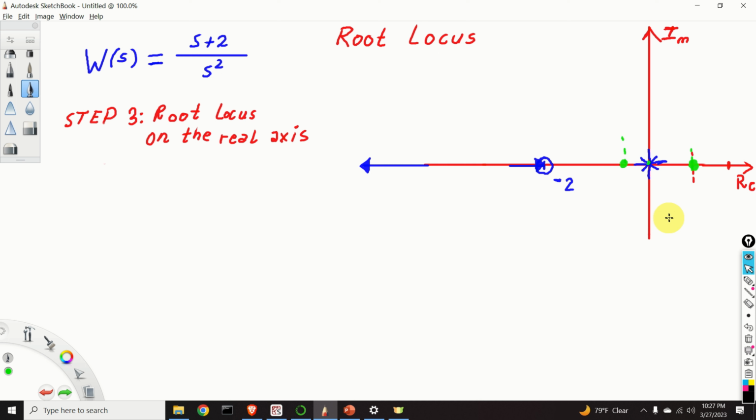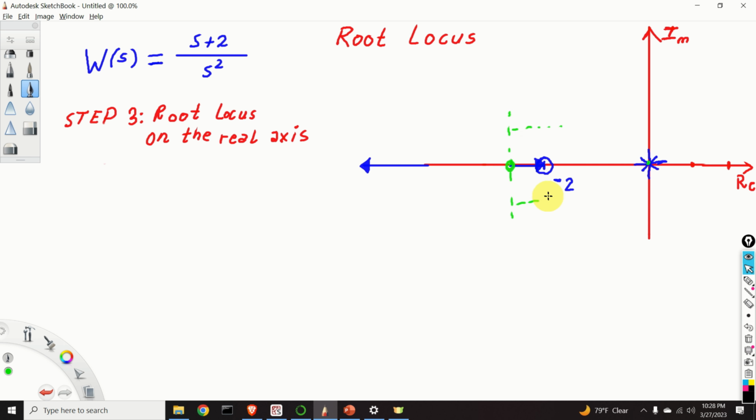Let's proceed further. And again, I will erase these 2 points and other things. Okay, we go further. We know that this complete segment does not belong to the root locus. And we come to this zero, we pass this zero and we are over here. Again, we ask ourselves the following question.